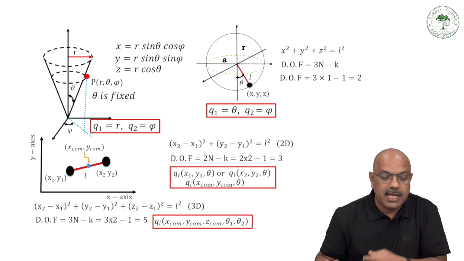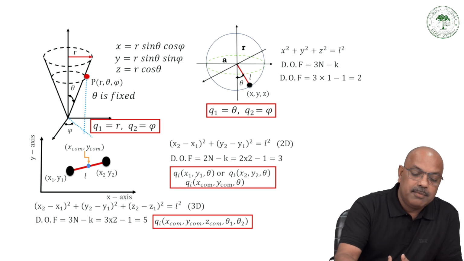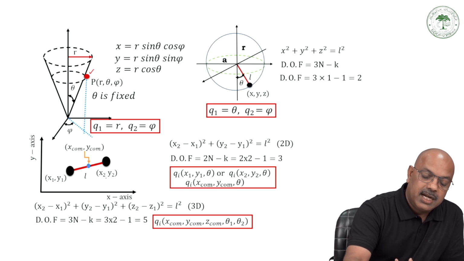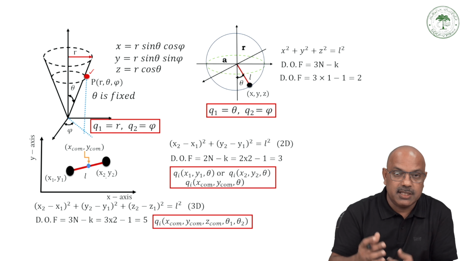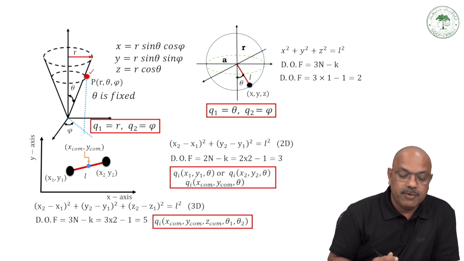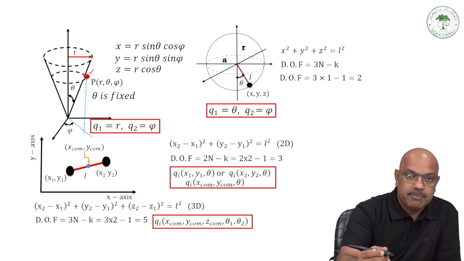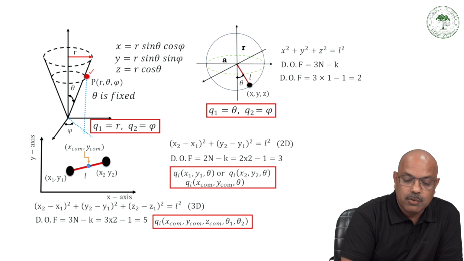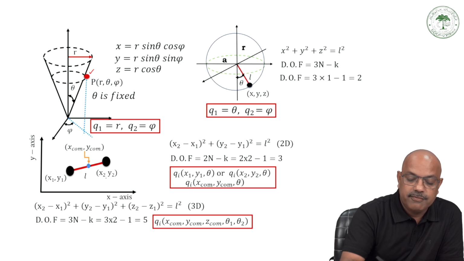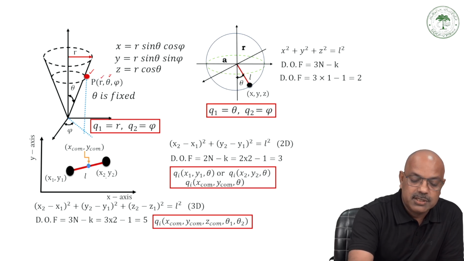The next example is if I have a restriction on this particle that it has to be on the surface of this inverted cone. So when we define the position of the particle on this inverted cone, it is in terms of r, theta and phi. What is the r at a particular position, and what is the theta?